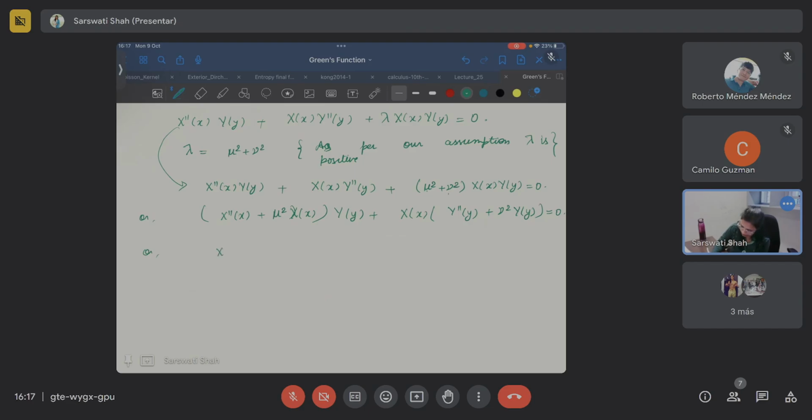Now, just divide it by X and Y. So you can see that this is an equation which has two separate functions, a function of x and a function of y.